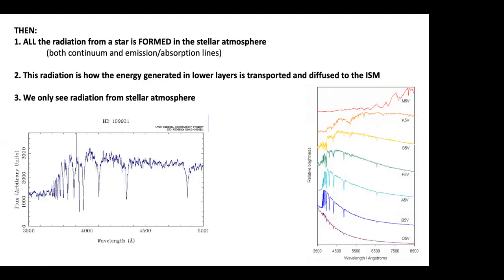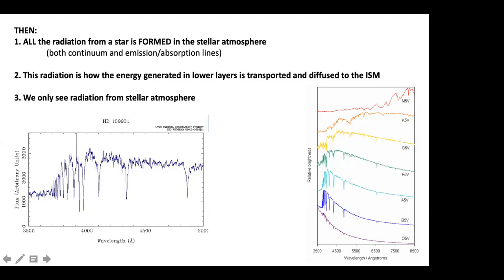I say almost only because in the last decades, neutrinos and gravitational waves have opened new windows, but they are still emergent parts of astrophysics. Before it was only radiation, now it's still mainly radiation.